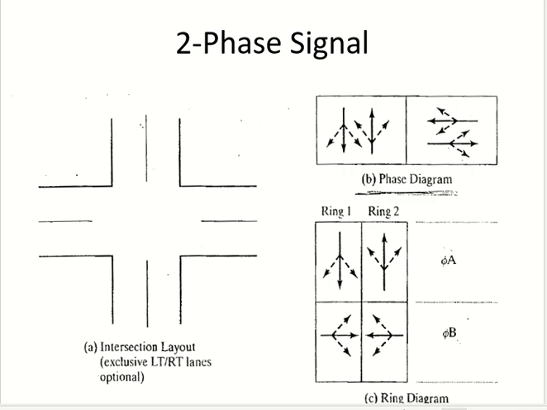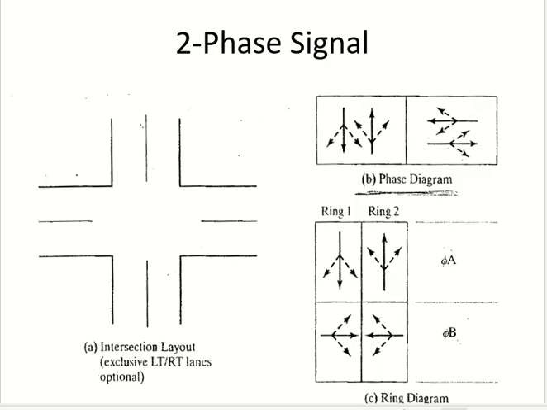This one shows the 2 diagrams. The first one is the phase diagram. You can see movements from different directions are together. How many phases do we have? 2 phases, because in the phase diagram you see 2 sets. Then we have the ring diagram, where the sets are separated according to their directions.